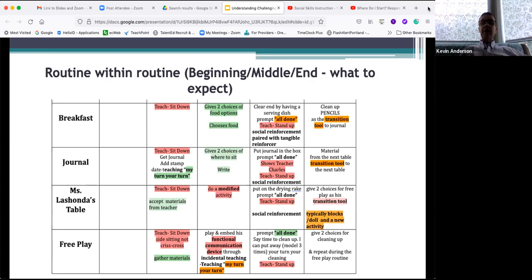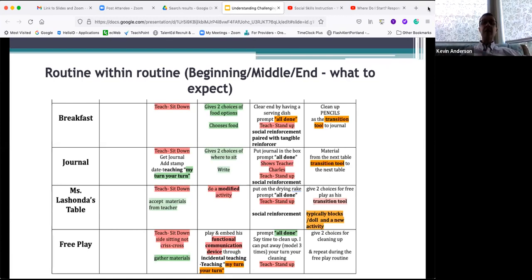So at the beginning of breakfast, they actually need some additional teaching, some additional support over sitting down. So maybe this is a following directions goal for the child. We know that that is at the beginning. The middle of breakfast is where the child is given 2 choices of food options and they are able to make a choice. So the green indicates that middle of breakfast.